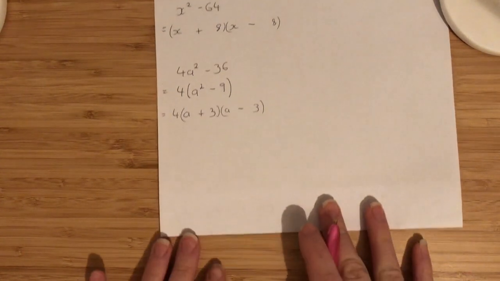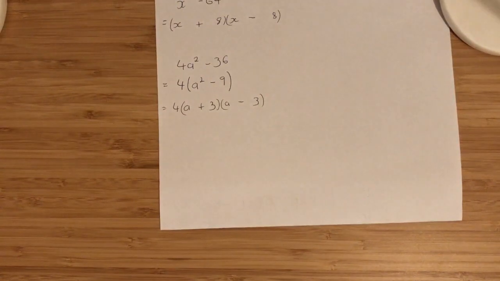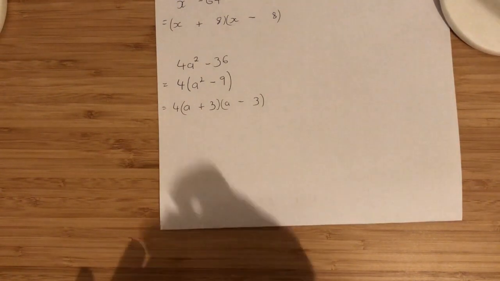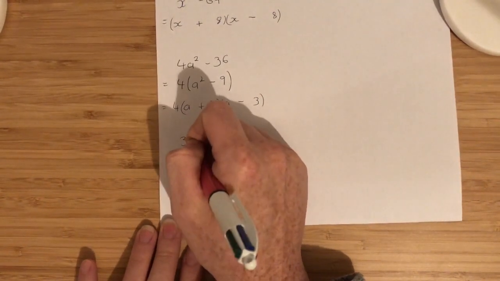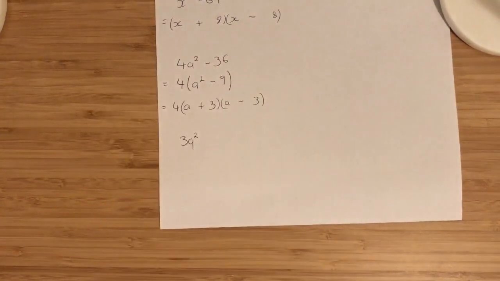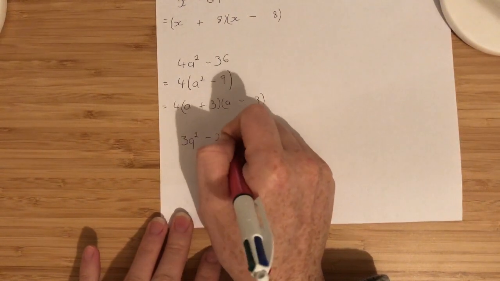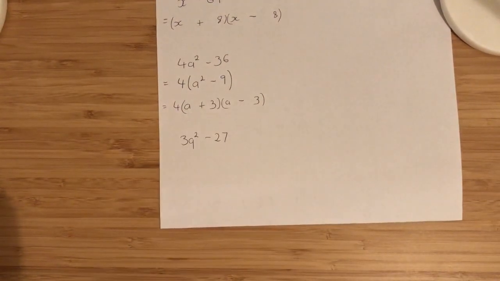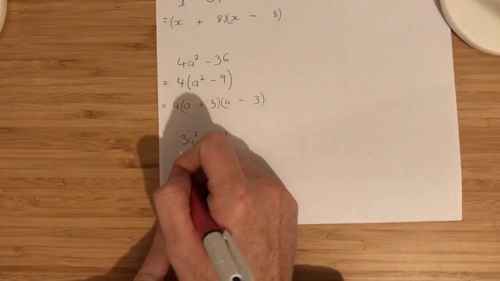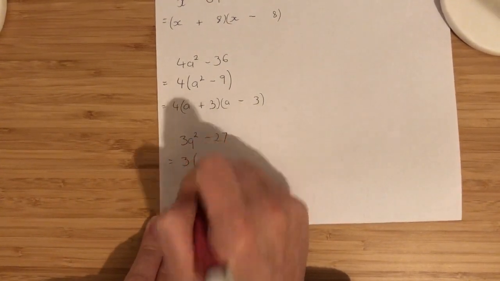Okay, let's do one more, similar to that. If you're feeling confident, then you could try this yourself first. So 3q squared minus 27. So there is a highest common factor because 3 goes into 3q squared and into the 27. So you take 3 out as the highest common factor.